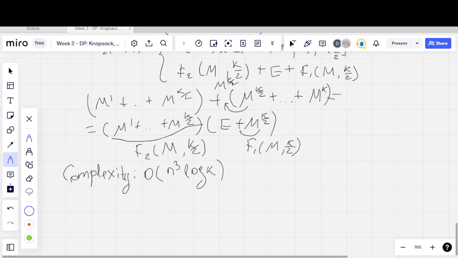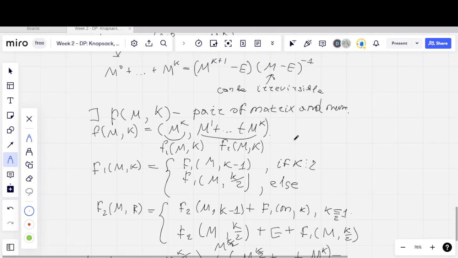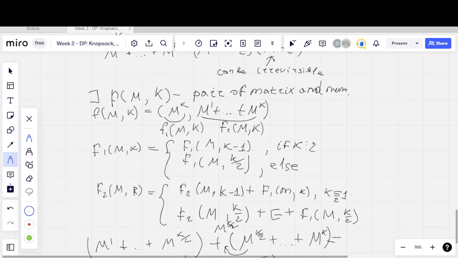Could you repeat what is fmk? Fmk is just a pair. We just defined fmk because it's more convenient to explain.